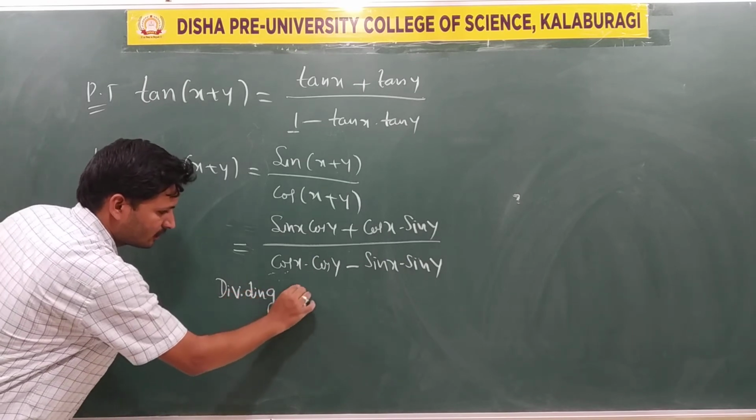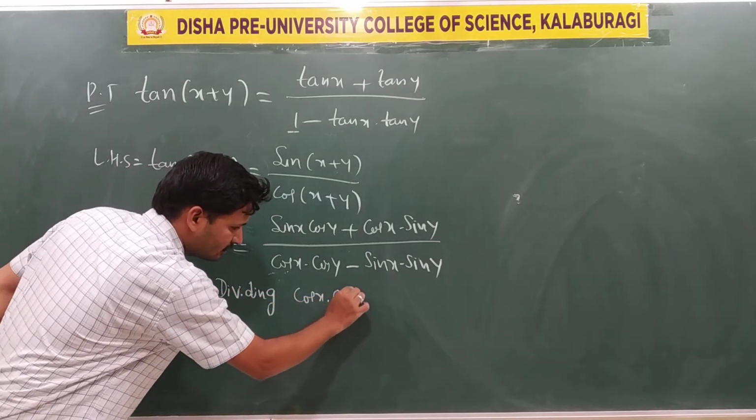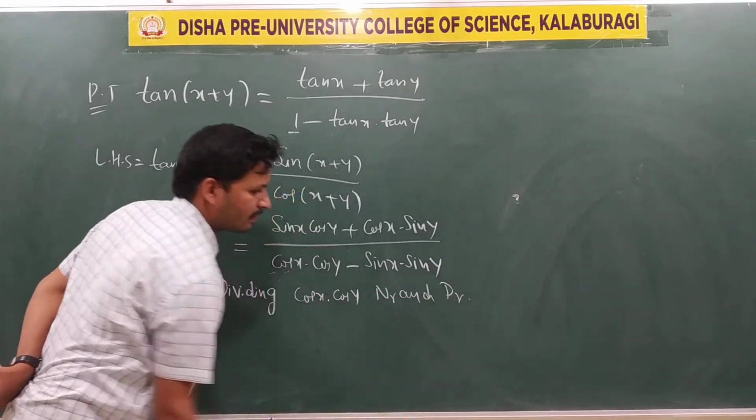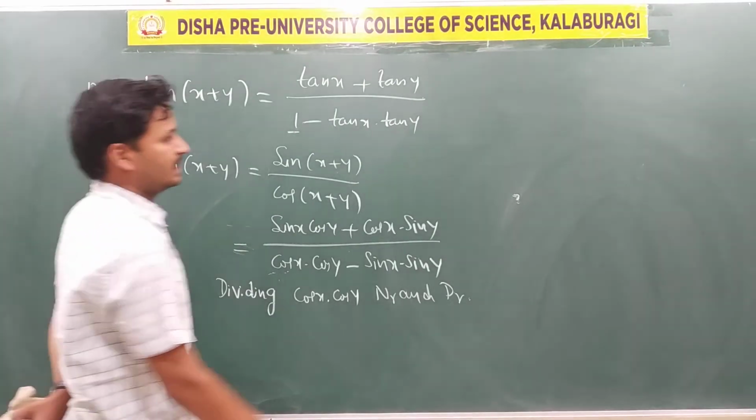Dividing cos x into cos y in numerator and denominator, what exactly will we get?